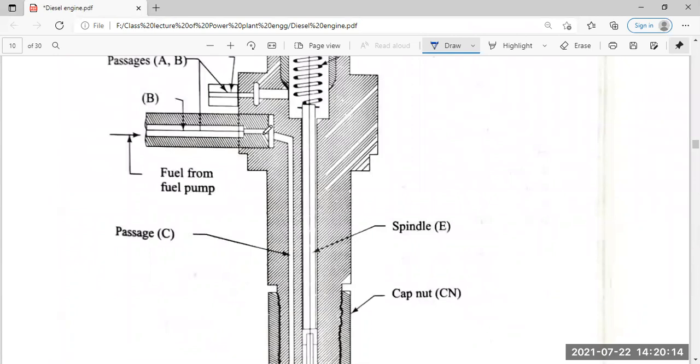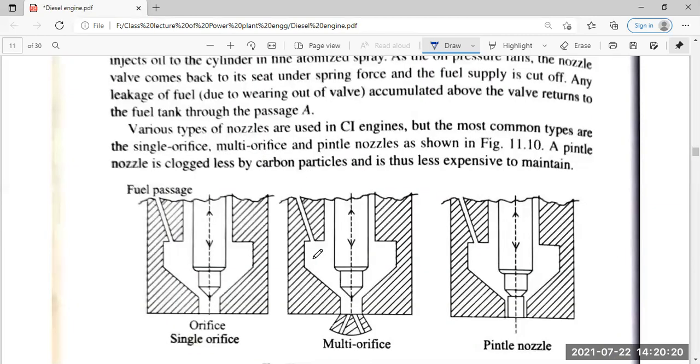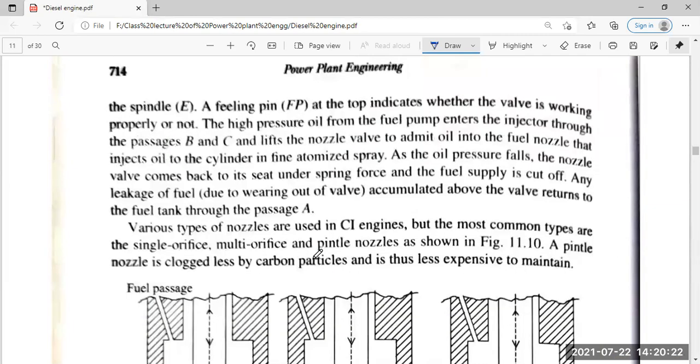From here it goes to passages B and C, lifts the nozzle valve, and admits oil into the fuel nozzle so that it injects oil into the cylinder in a fine atomized way.